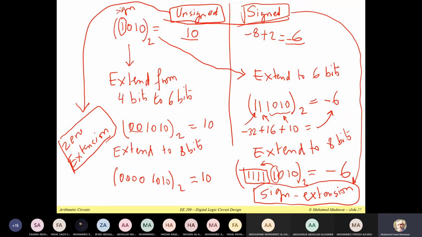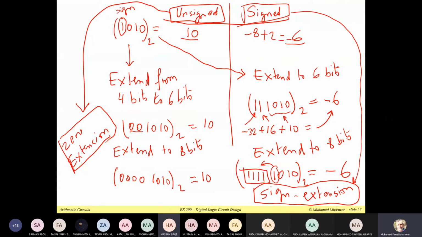If the sign bit is 1, we extend it with ones. If the sign bit is 0, we extend with zeros. Is this clear? Okay, good. So now you understand the difference between signed and unsigned integers, and the difference between zero extension and sign extension.